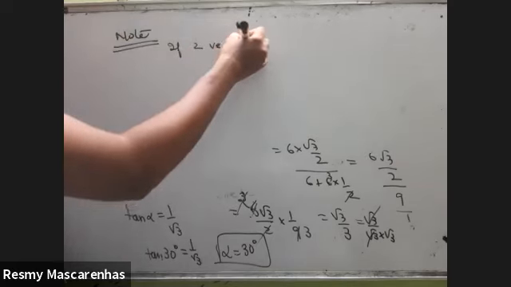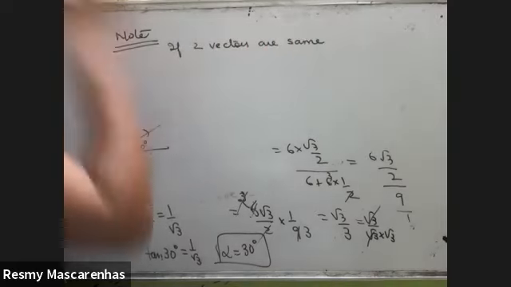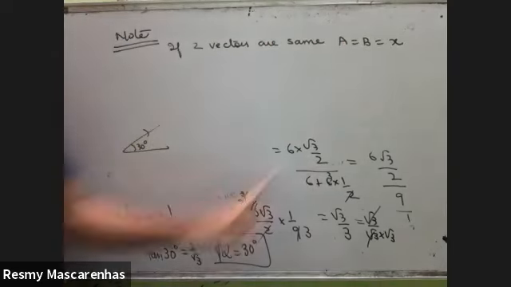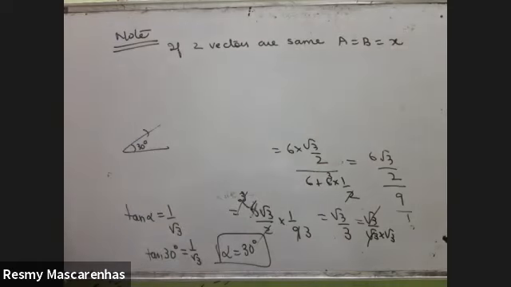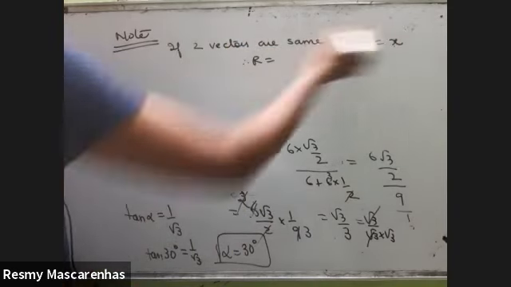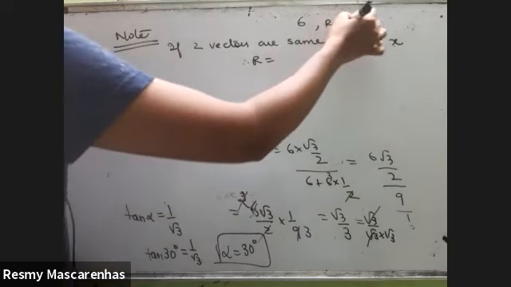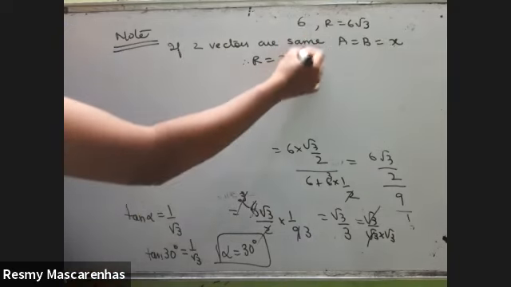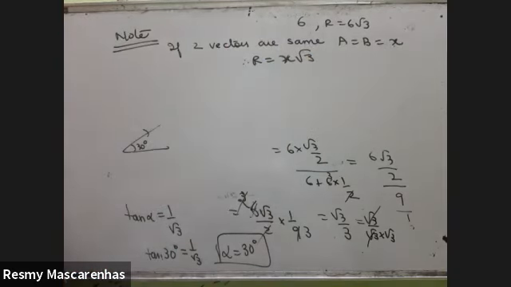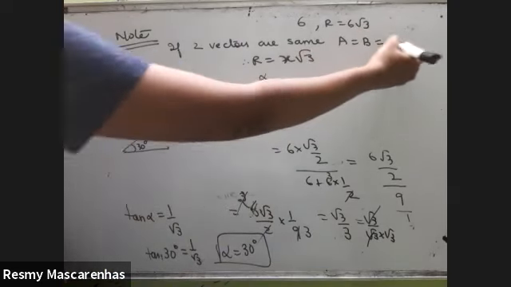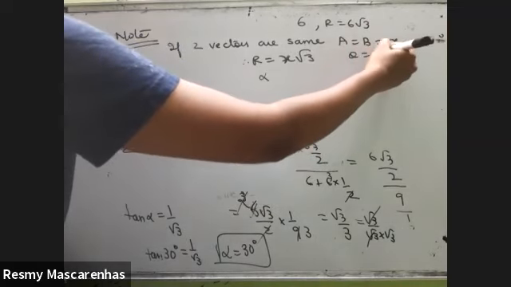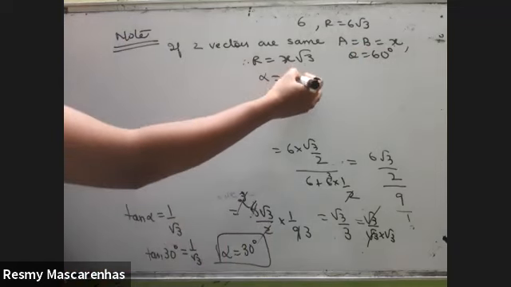Suppose the value of A and B both equal X. Here it was 6, now let it be X. Then the resultant will always be X root 3, like when this was 6, the resultant you got was 6 root 3. The angle will be fixed: the angle between them should be 60 degree. This is also compulsory. And alpha will always be 30.